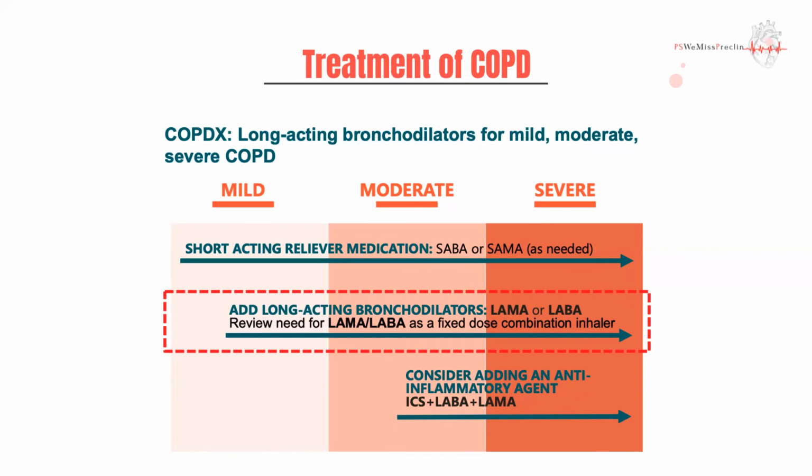SABA or a SAMA. Then when it comes to long-acting preventive medications, again, we're going to go the other way around. So instead of going ICS, LABA, LAMA, we go LAMA first, then LAMA and LABA, and only in severe cases do we go ICS. Now, the use of ICS has been studied quite extensively over the past few years, and they've made recommendations that ICS in patients with mild to moderate COPD has been shown to be linked with higher levels of infective exacerbations.